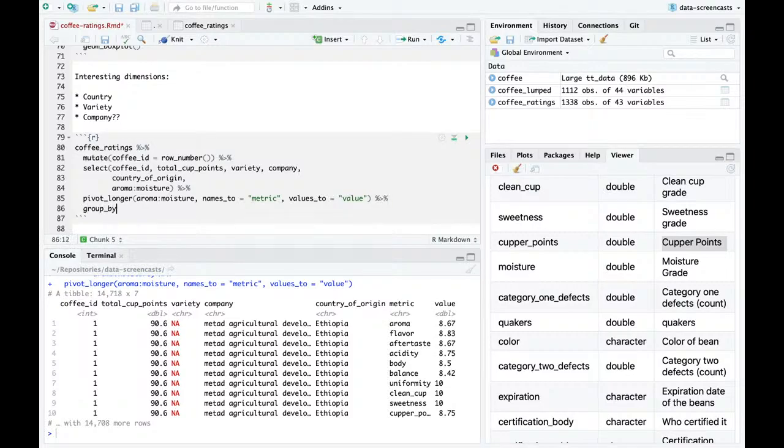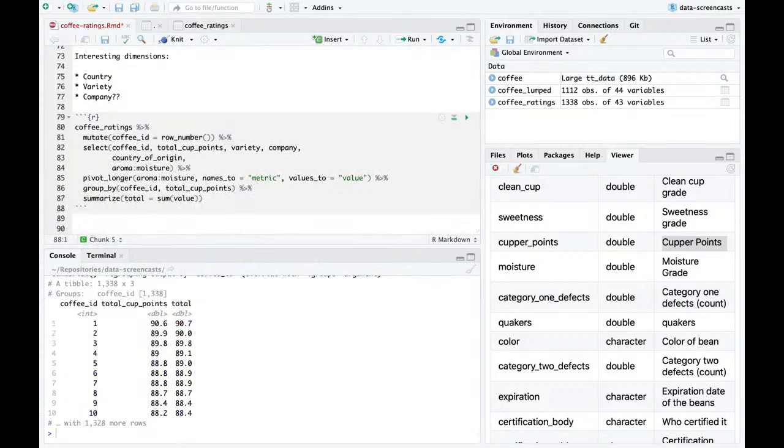And if I group by the coffee ID and the total cup points just to keep them, and I say total is the sum of value, it is not going to line up one to one because I think I accidentally left in moisture, and I don't think moisture is one of the values. I can change this to cupper points. Okay, yeah, now notice how these line up exactly.